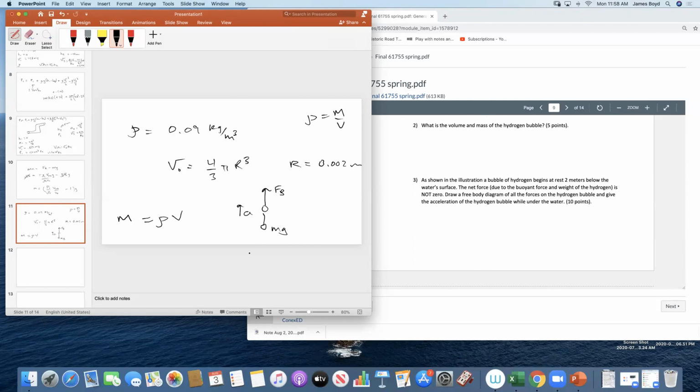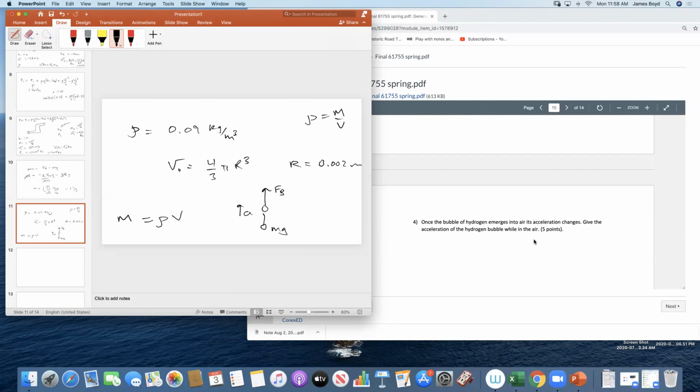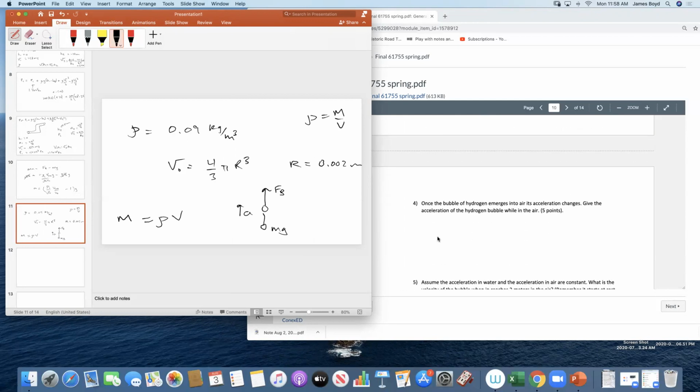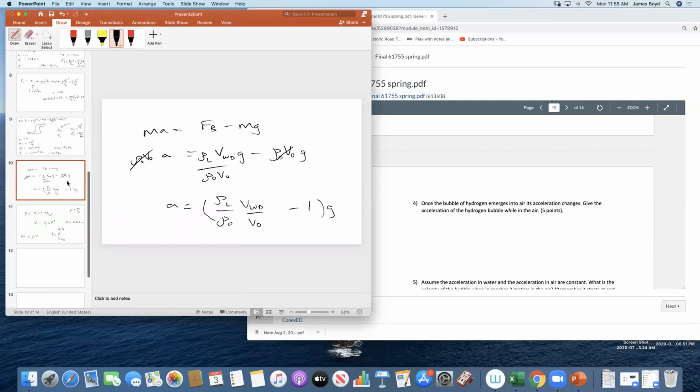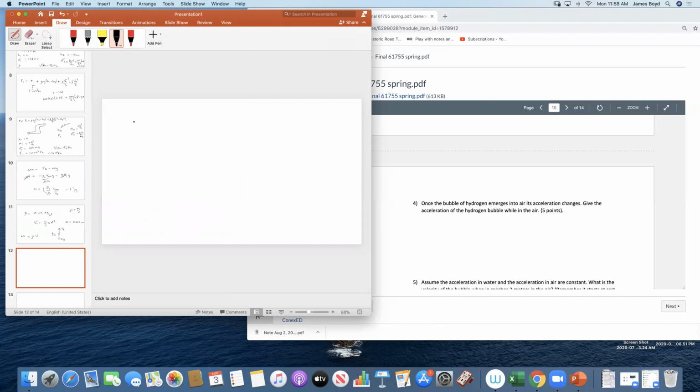From that, I can get the acceleration using that equation. Note though, when it's in the water or even in the air, the volume of water displaced or fluid displaced and the volume of the object will be the same. So really, a is only the difference in density over the density of the object, minus 1, times g.